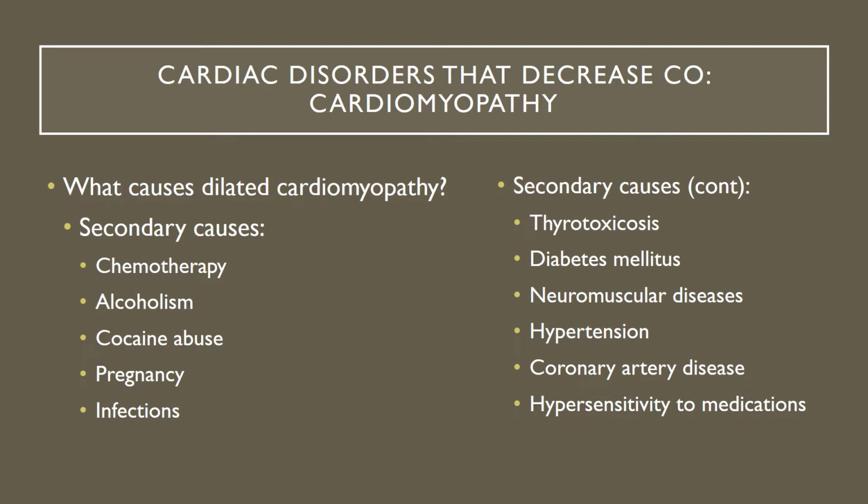So coronary artery disease, we're going to talk about in disorders that affect the periphery. And so we'll see that coronary artery disease is highly associated with heart health, and we see heart health really fluctuate with this situation.